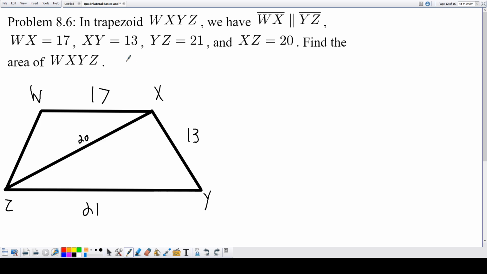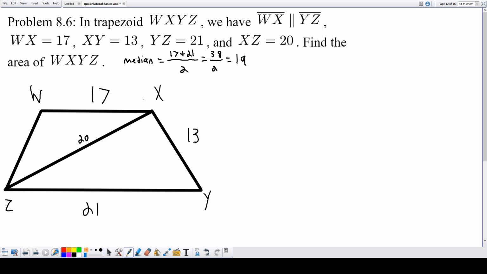So the median is the average of the bases. So that's 17 plus 21 divided by 2. Now, 17 and 21, well, that's 38 over 2, which is equal to 19.